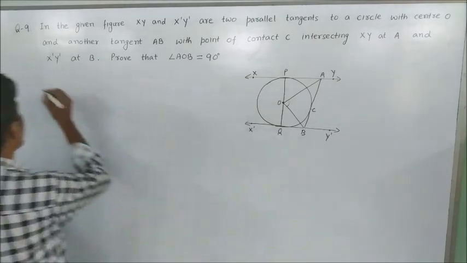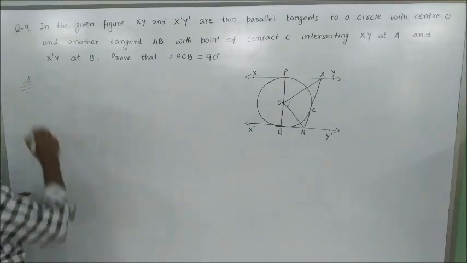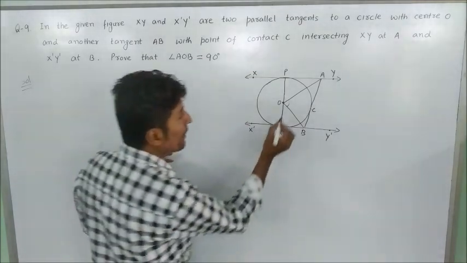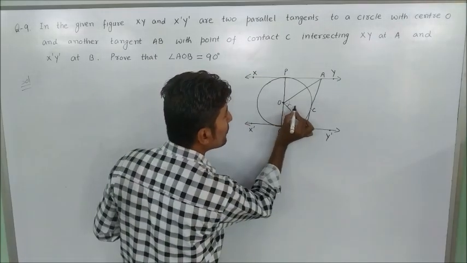So let us see the solution of this question. To prove angle AOB is equal to 90 degrees, first of all we will join O to C.